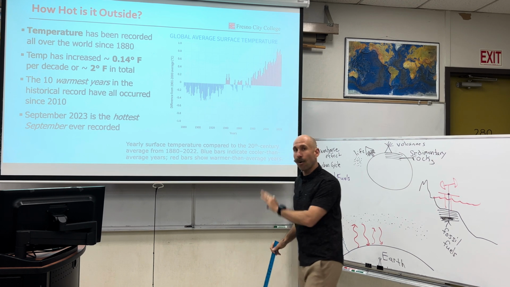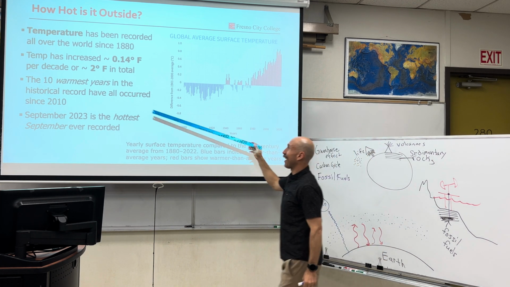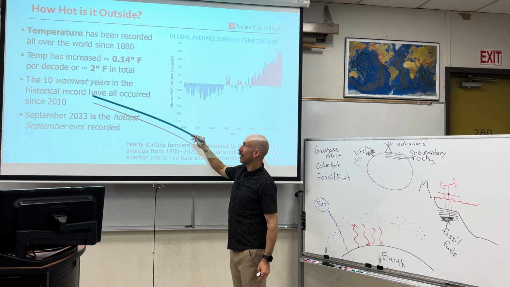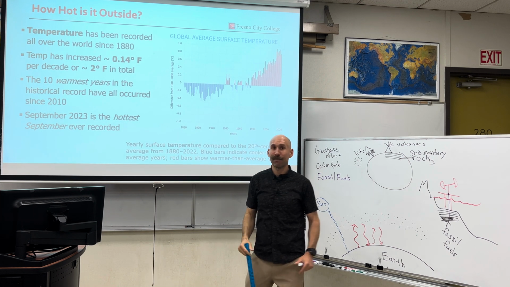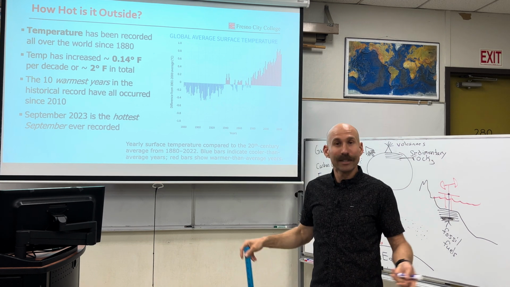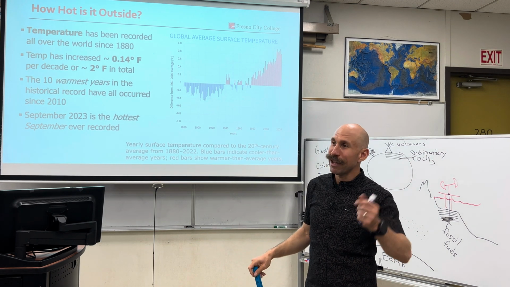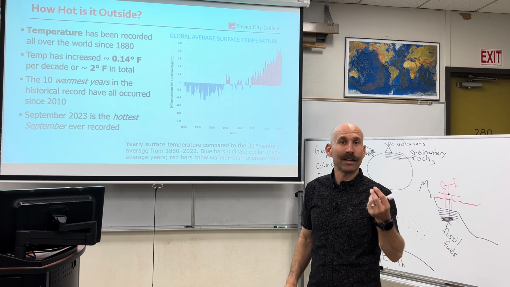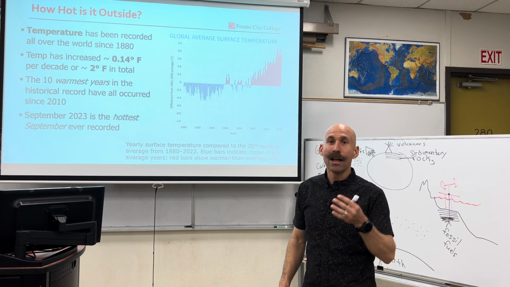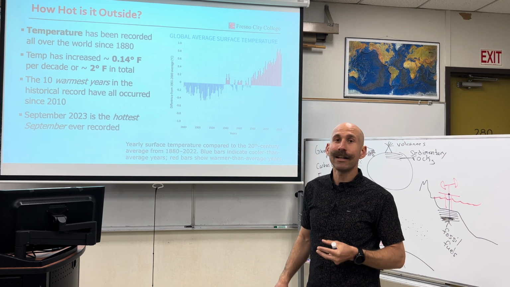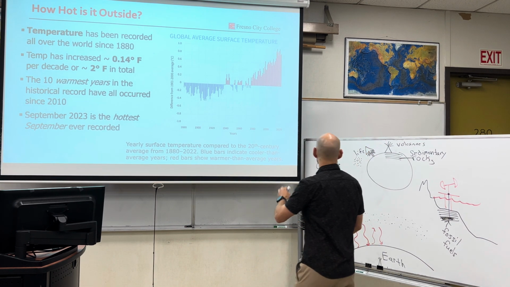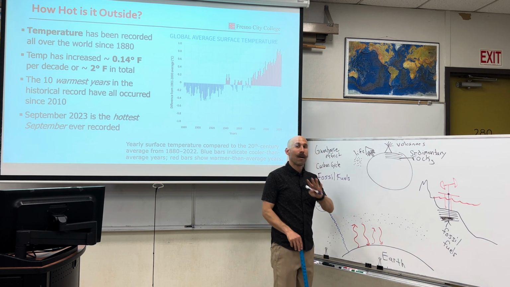What we have recorded is that the 10 warmest years have happened since 2010. September 2023 is the hottest September ever recorded. Temperatures are warmer. Now, the effects of climate change aren't that the whole world gets warmer. Some places get warmer, some places get cooler. Climate patterns are disrupted. You have extreme weather events occurring. Again, the list goes on and on.